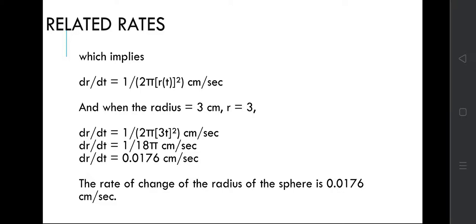And when the radius is 3 centimeter, base sa given, r is equal to 3. Plugging in, dr over dt is equal to 1 over 2 pi times 3 squared, which is equal to 1 over 18 pi centimeter per second. By further solving, dr over dt is equal to 0.0176 centimeter per second. So the rate of change of the radius of the sphere is 0.0176 centimeter per second.